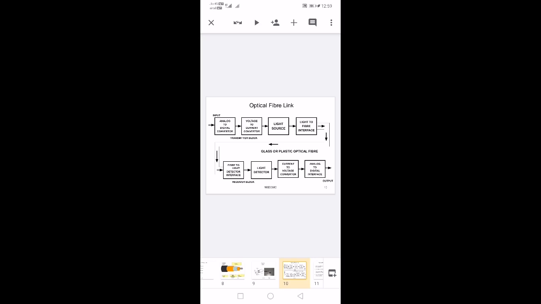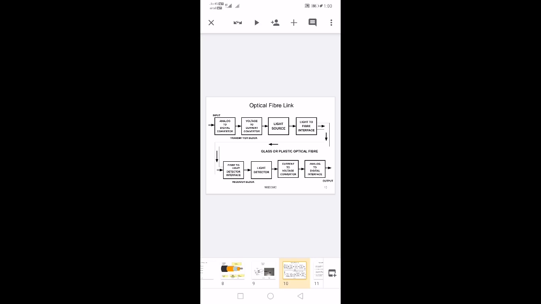That light will be taken into your optical fiber system by using the light to fiber interface. That is your glass or plastic optical fiber cable. In that cable the signal will be transmitted, and at the receiver again we will have the fiber to light interface.